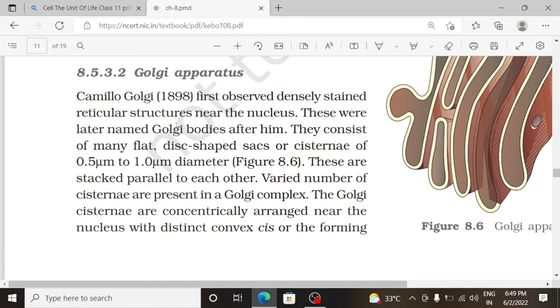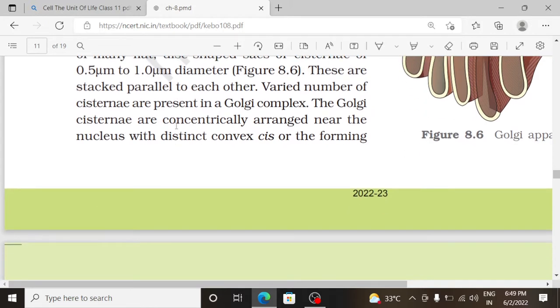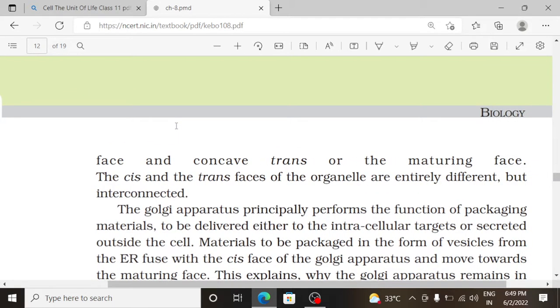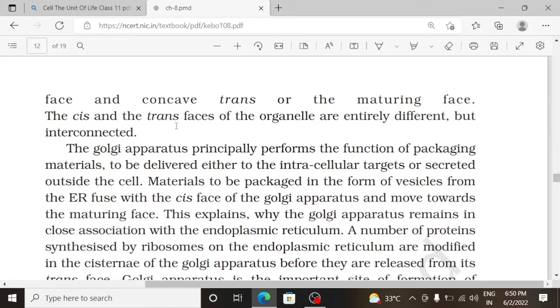A varied number of cisternae are present in the Golgi complex. The Golgi cisternae are concentrically arranged near the nucleus with a distinct convex cis or the forming phase and a concave trans or the maturing phase. The cis and trans phases of the organelle are entirely different but interconnected.